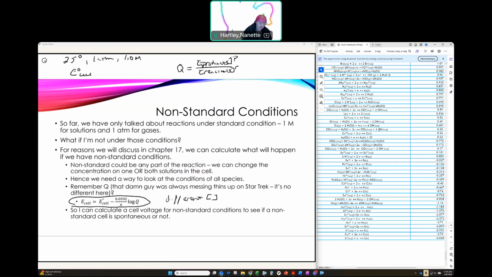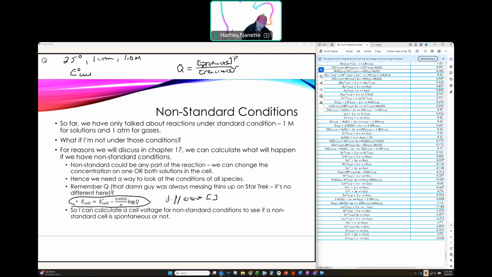Q applies to any other time. If we're at equilibrium, then they're the standard values. So I can calculate a cell voltage for non-standard conditions to see if a non-standard cell is spontaneous or not. We can do that. So we have to be able to calculate that Q.